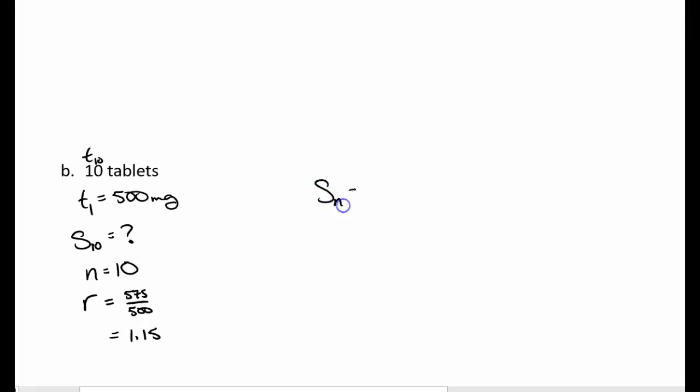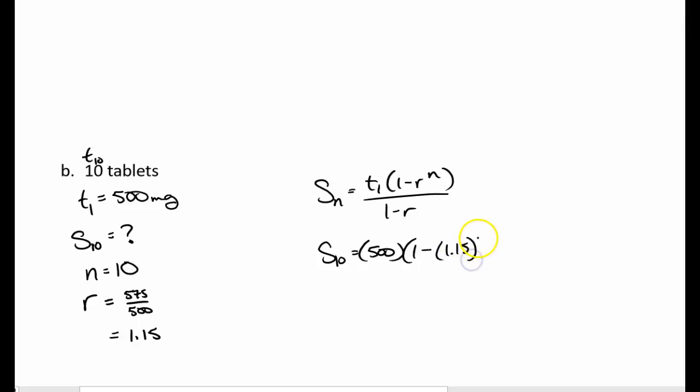So I like to always write out my equation, and then I'm going to fill it in. So S10 equals term 1, 500 times 1 minus 1.15 to the power of 10, all divided by 1 minus 1.15.